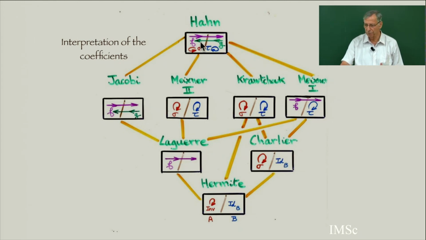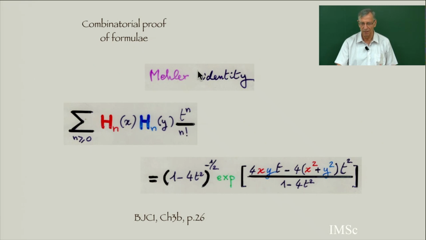But an example of a formula, for example, is the Mehler identity between generating functions of pairs of Hermite. Say you have two Hermite polynomials, this gives you this here. So if you know the interpretation of two Hermite polynomials, it's a superposition of two Hermite configurations, a blue and a red configuration, then you can explain this generating function. So it is a classical commutative proof.